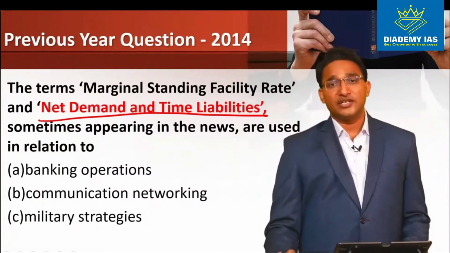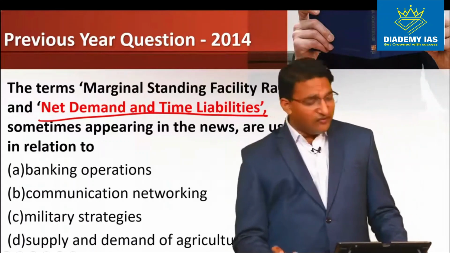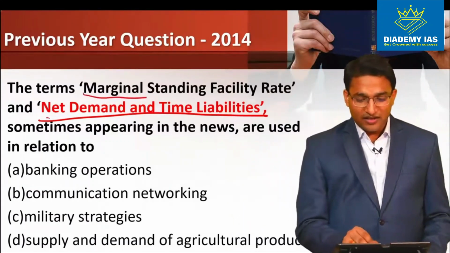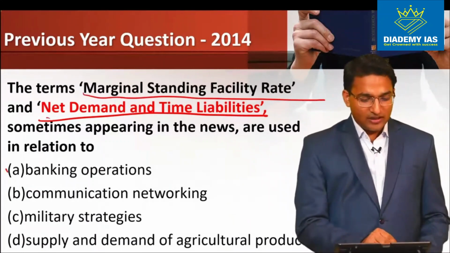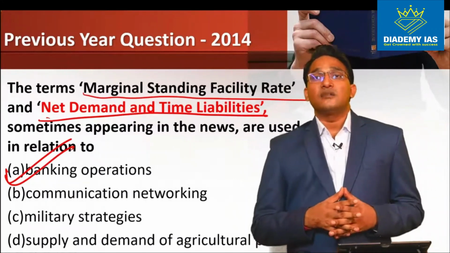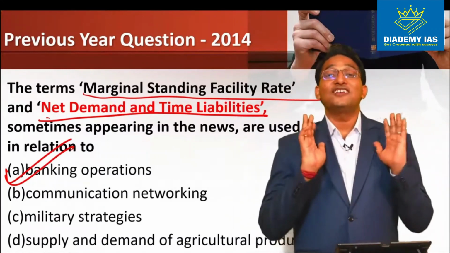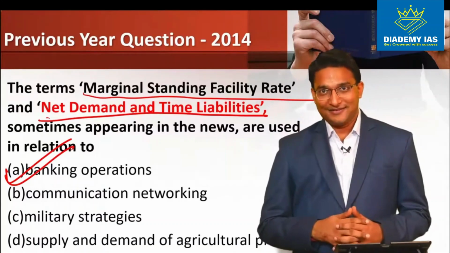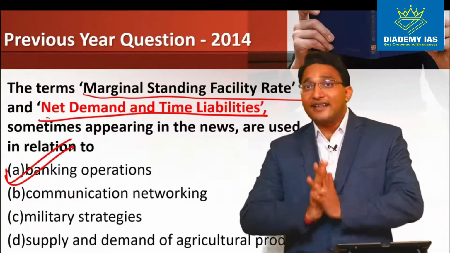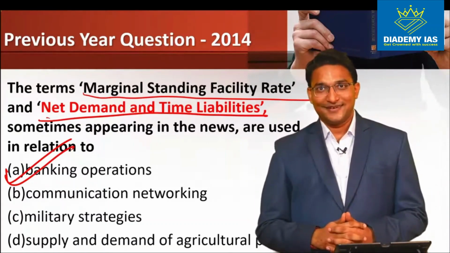C, military strategies. And D, supply and demand of agricultural products. Even if you have just read about the NDTL, not about the marginal standing facility rate, you can simply say that it is the term related to banking operations. So you can see very simple questions are being asked. You just need to have an idea. If you have the complete understanding, you can easily solve the previous year questions, right?